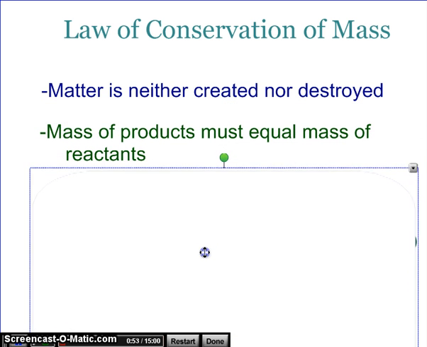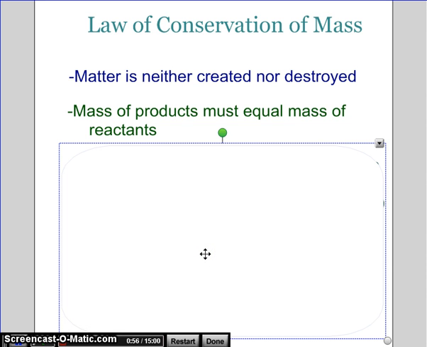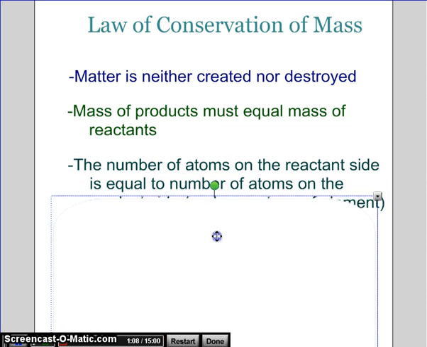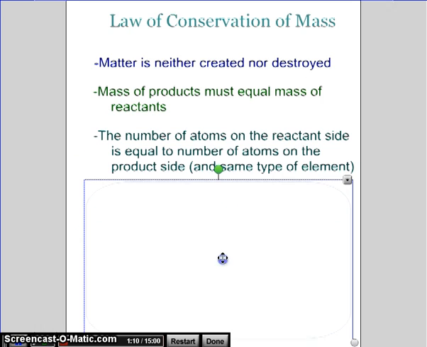The second part, because we are conserving the mass, is the mass of the products must equal the mass of the reactant. So whatever mass we have at the end, we have to have it in the beginning. It doesn't just disappear. And the last little bit, which is more for the balancing part of the law of conservation of mass, is that the number of atoms on the reactant side is equal to the number of atoms on the product side.